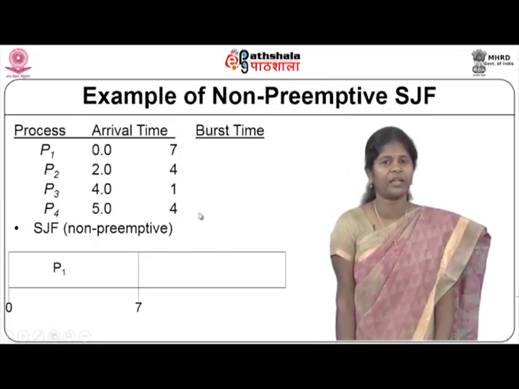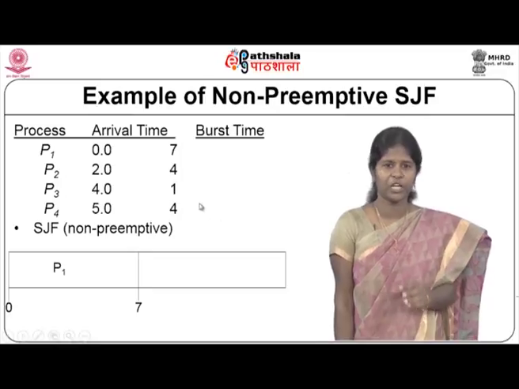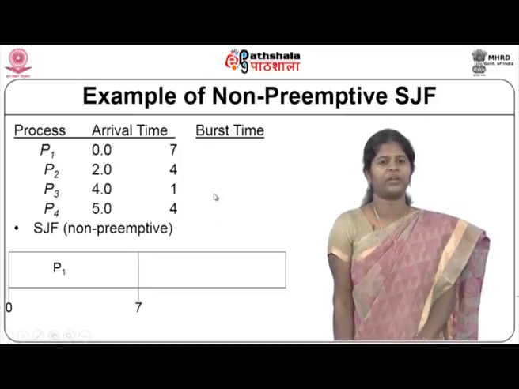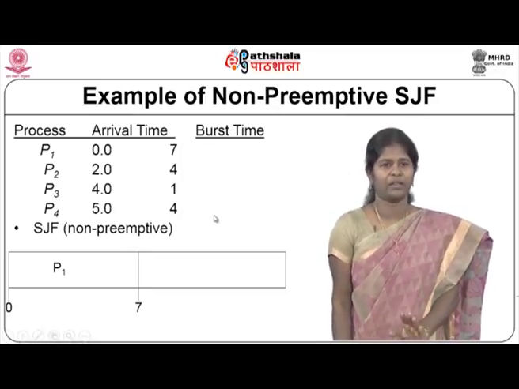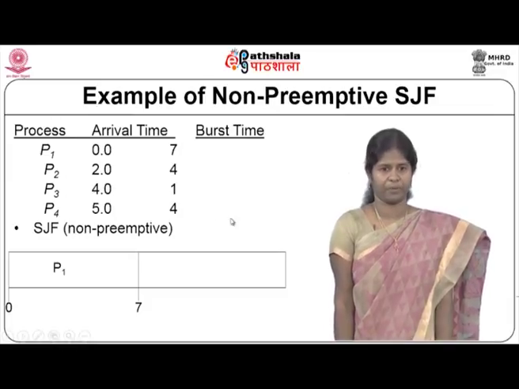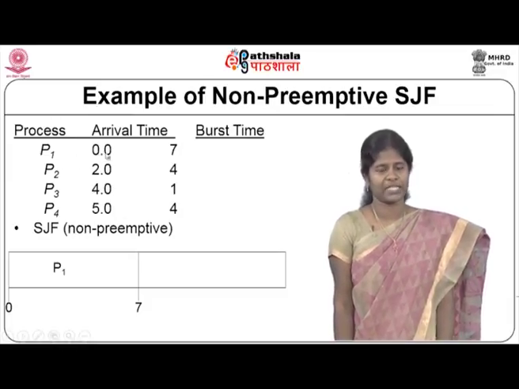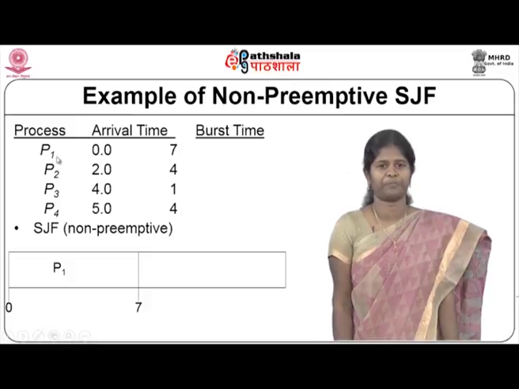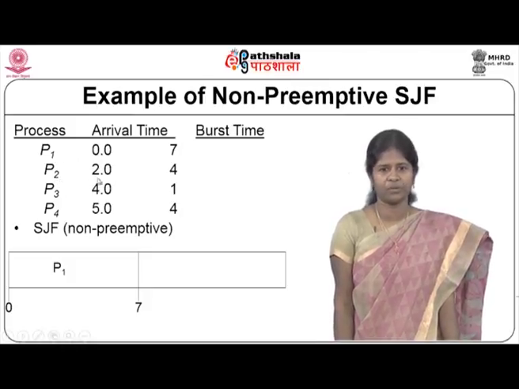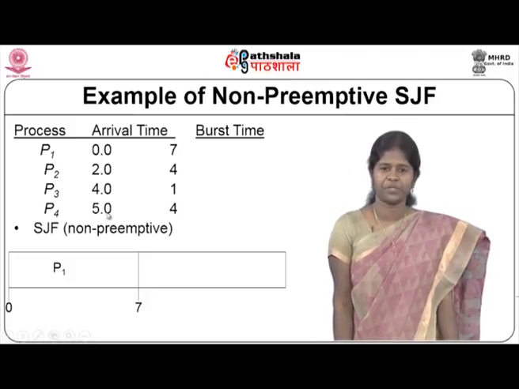As I told you earlier, in non-preemptive, once a process gets the CPU, it will use the CPU and will not be forcibly removed. At t equal to 0, only one process is present, because P2 comes only at 2, P3 comes at 4 and P4 comes only at 5. At t equal to 0, P1 is present, so P1 is given the CPU.